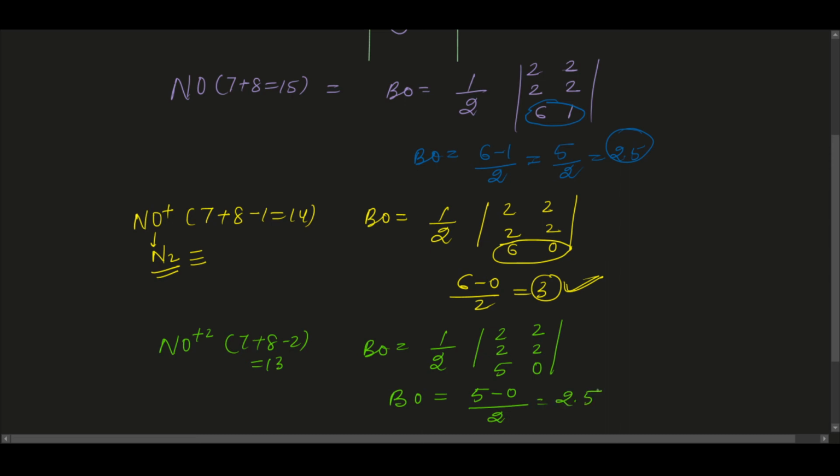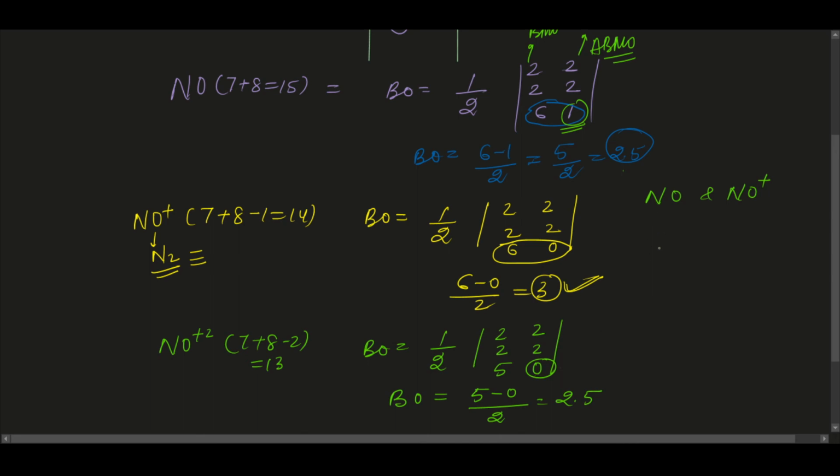If it is asked which one is more stable between NO and NO 2 plus, we have said that this is your BMO part and this column is your ABMO part. You can see exactly that in NO we have one electron in ABMO, and in NO 2 plus we do not have any electron in ABMO.